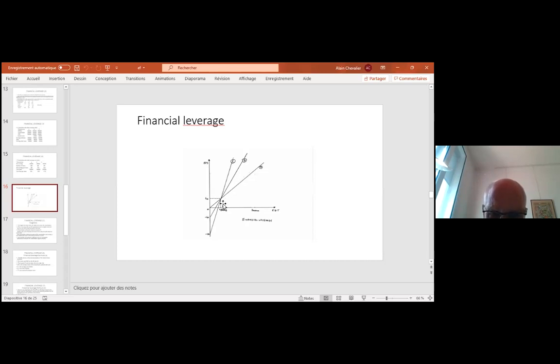On the other side, if you have a look at what's happened on the other side for A, which is 100% equity, as long as the EBIT, it means the operational return, is still positive, you don't find any negative earning per share.